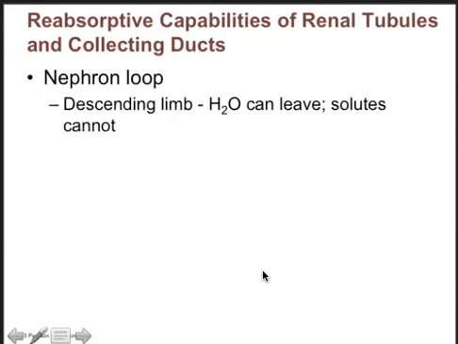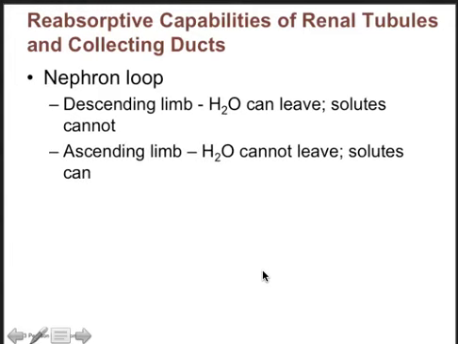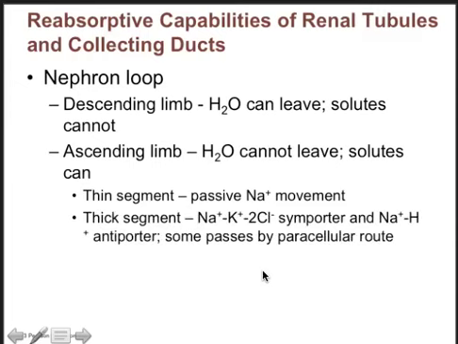The nephron loop has a descending limb through which water can leave but solutes cannot. The ascending limb has different properties. Water cannot leave and solutes are actively pumped into the kidney tissue. The thin segment allows passive sodium movement, while the thick segment utilizes a sodium-potassium-chloride symporter and a sodium-hydrogen ion antiporter, as well as some of this passing through by a paracellular route.